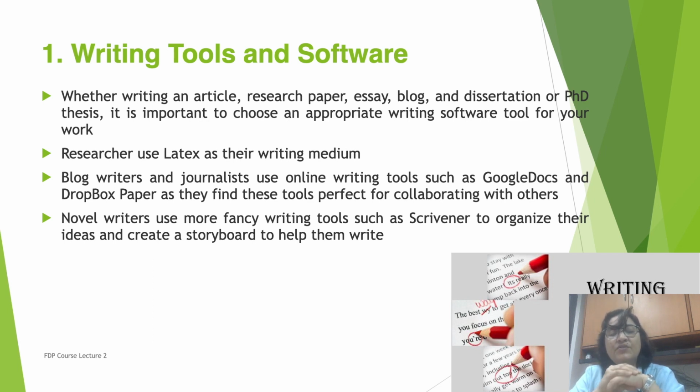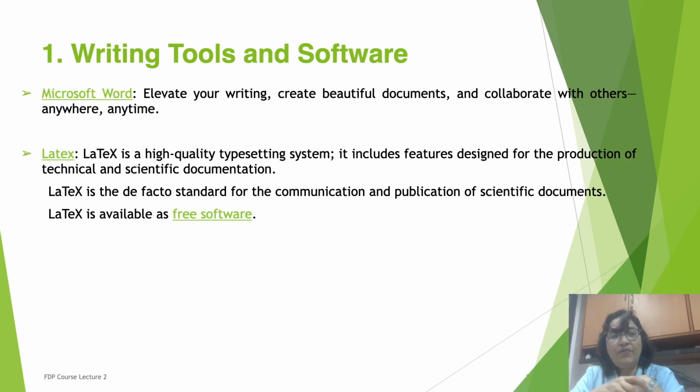Blog writers and journalists use Google Docs and Dropbox Paper as they find these tools perfect for collaborating with others. Novel writers normally use fancy writing tools such as Scrivener to organize their ideas and create a storyboard to help them write. Okay, we being researchers mostly use LaTeX or other software, right?